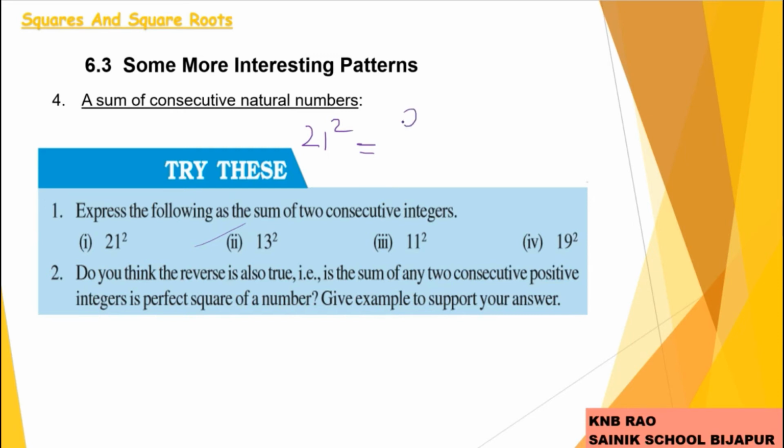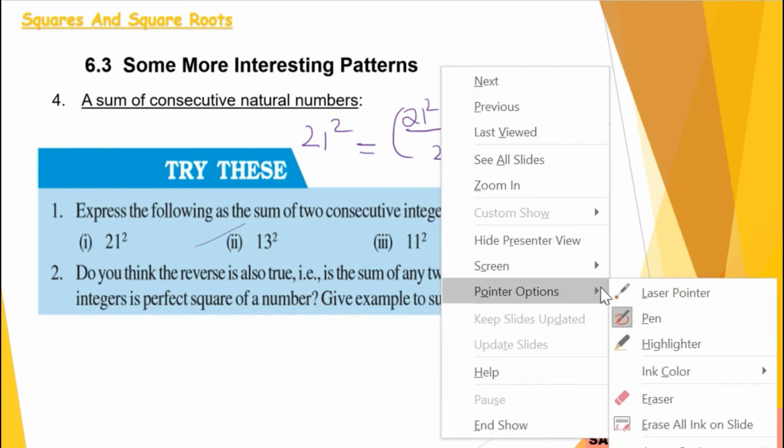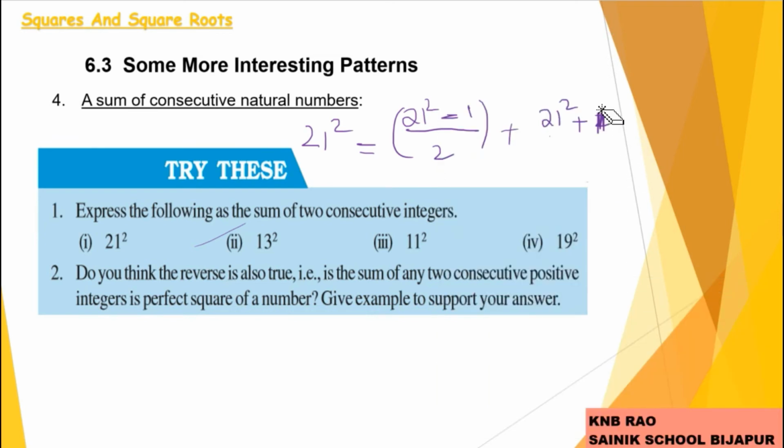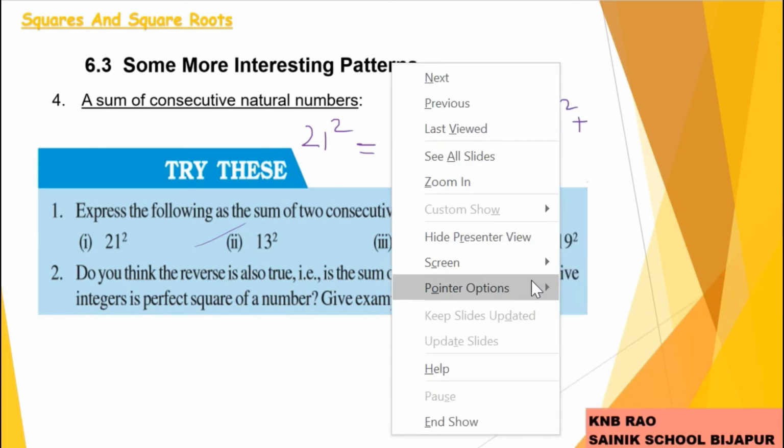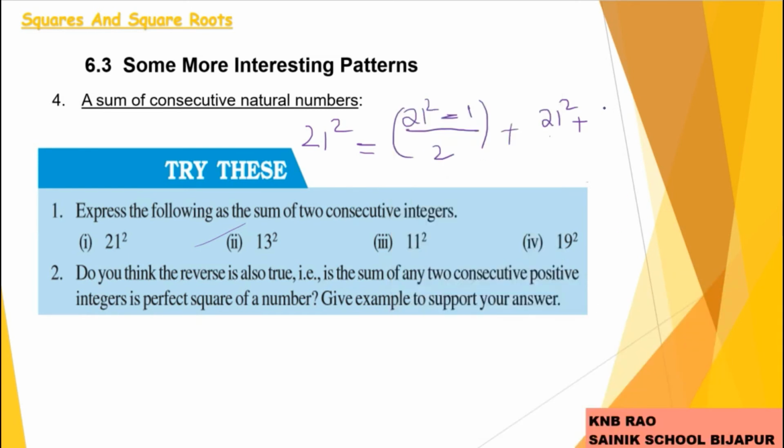So (21 square minus 1)/2 is the first number. 21 square plus, sorry, plus 1, by 2 is the second number.